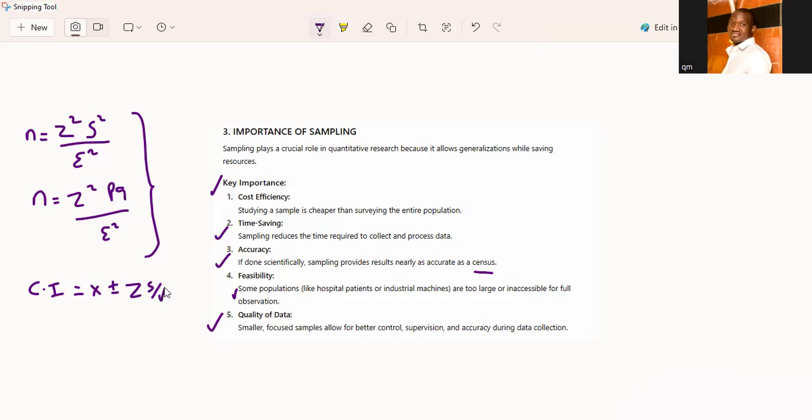And the thing that I need you to know is that we have three common confidence levels. Okay. So we have confidence levels, significance levels. All right, so look at this table.